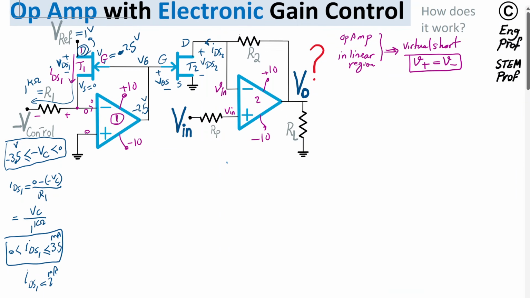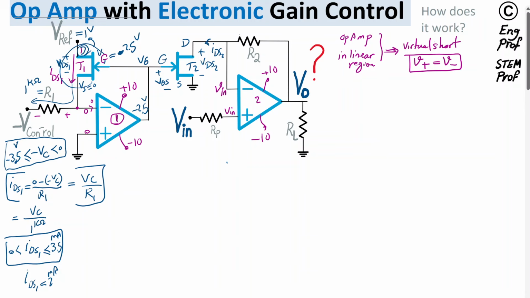I already found that IDS1 is equal to VC over R1. That's what I need. Now, as I explained, the JFET is in deep ohmic region and is acting like a resistor.